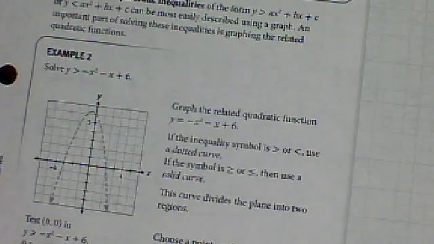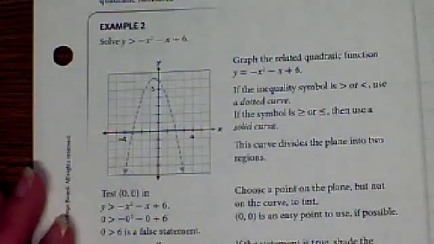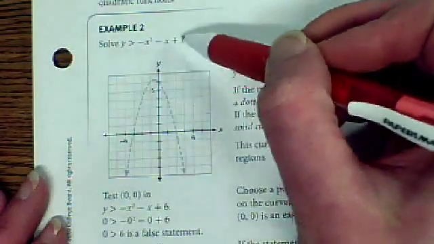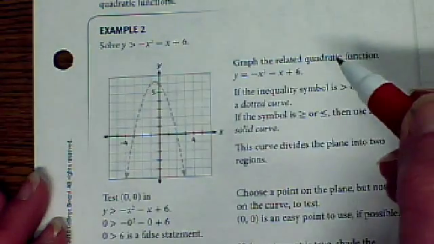The last part is looking at quadratic inequalities. Quadratic inequalities, very similar to linear inequalities. We would figure out what the graph would look like if it was just an equal sign.